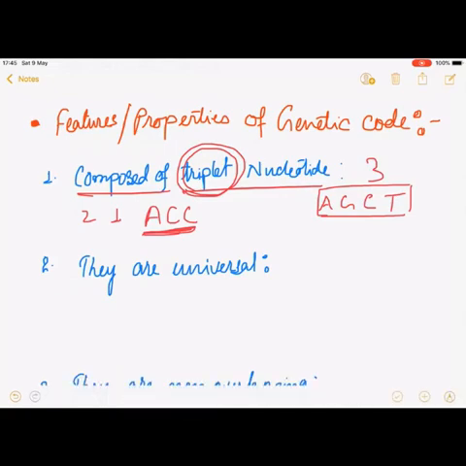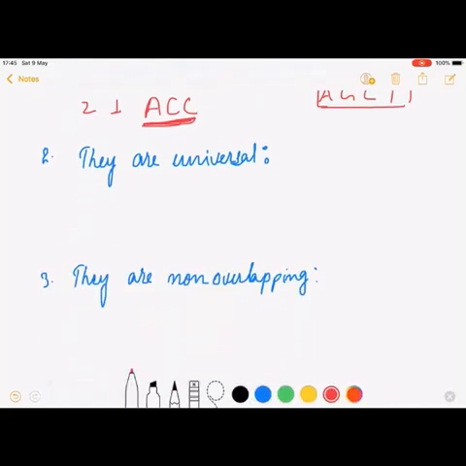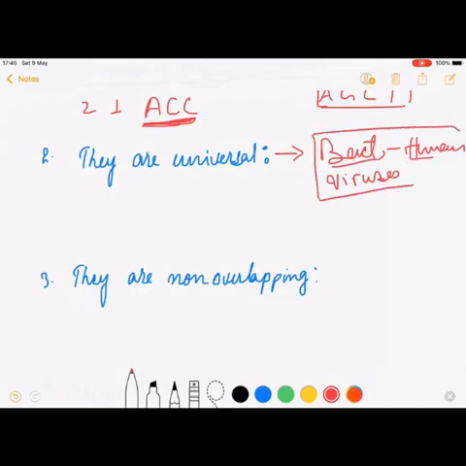Next, they are universal. Yes, genetic codes are universal. That means right from the bacteria to human and the viruses, all of the organisms, that is all the living things, have the same feature of genetic code.